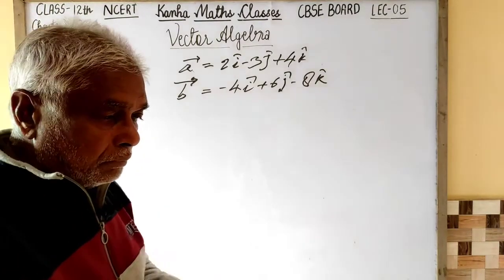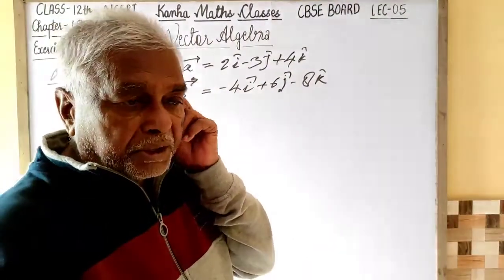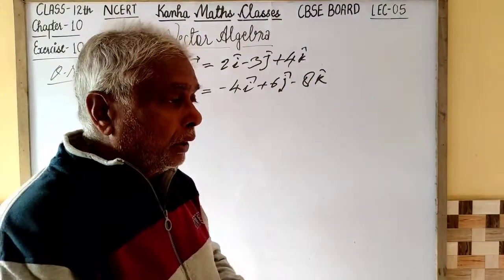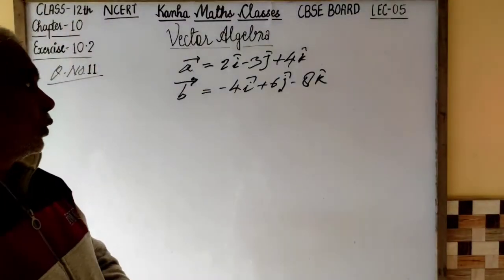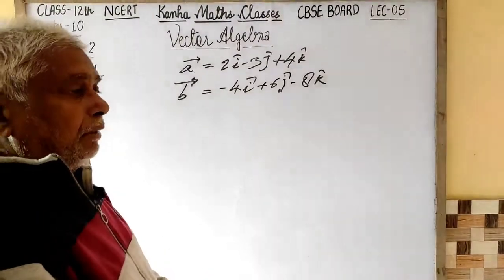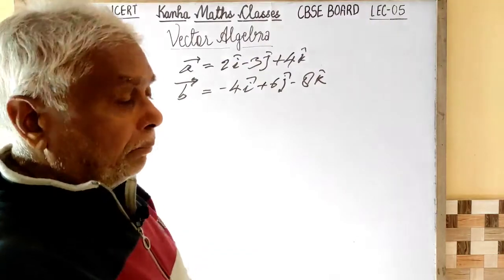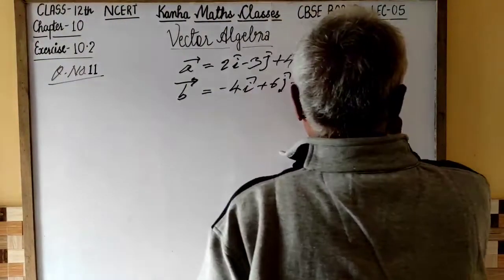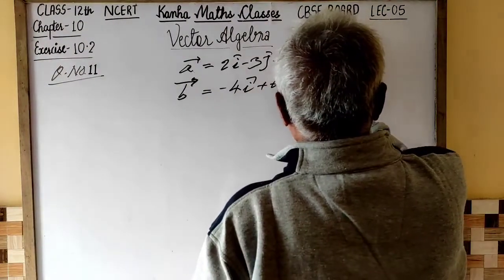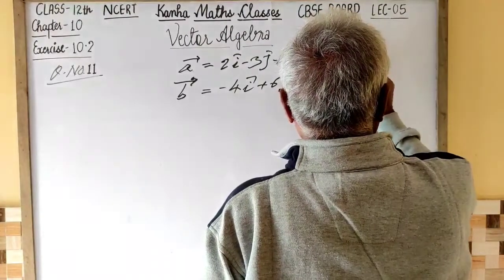From the definition of vectors, we have already discussed and stated that two vectors are called collinear if they are parallel but different in magnitude. We have to prove that these two vectors are parallel but different in magnitude.